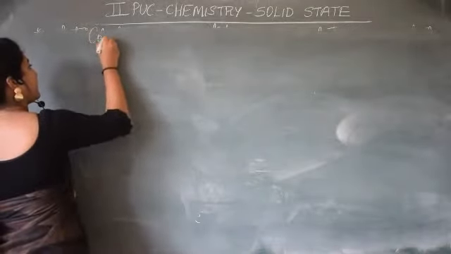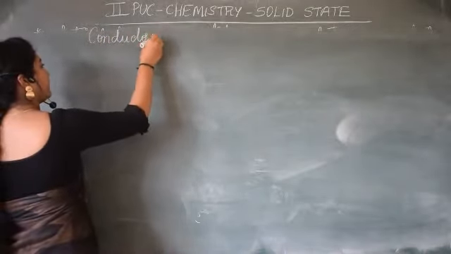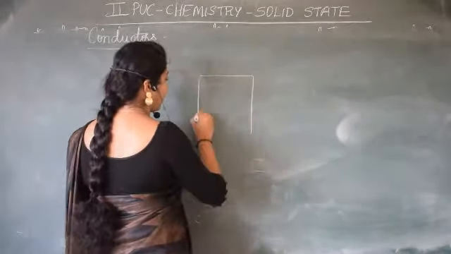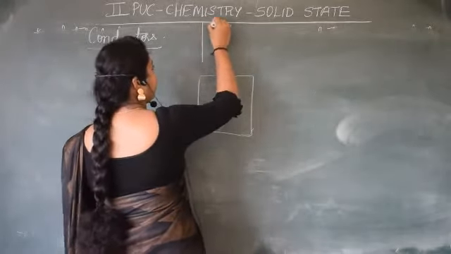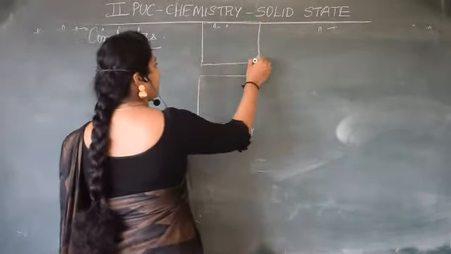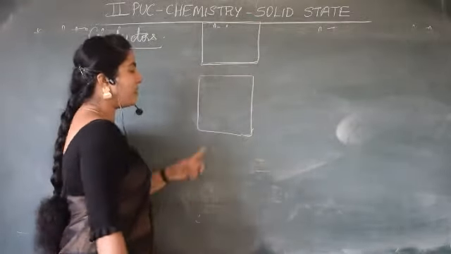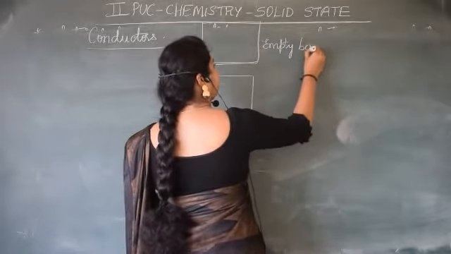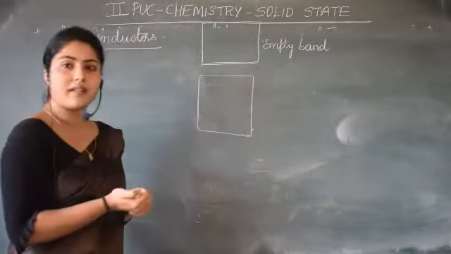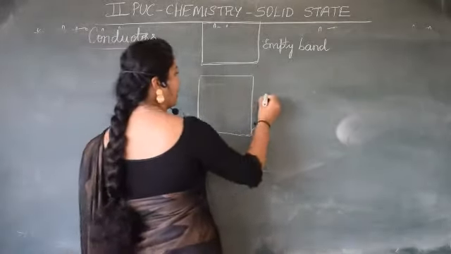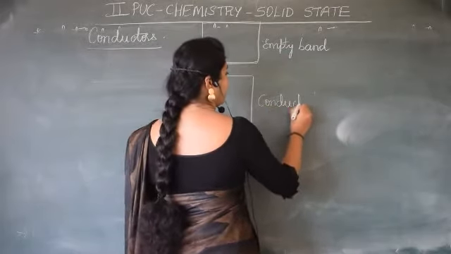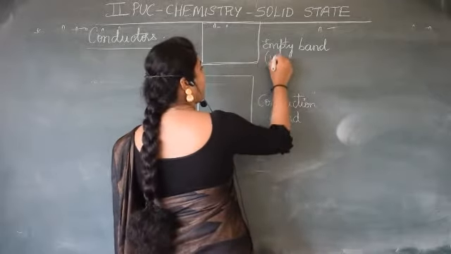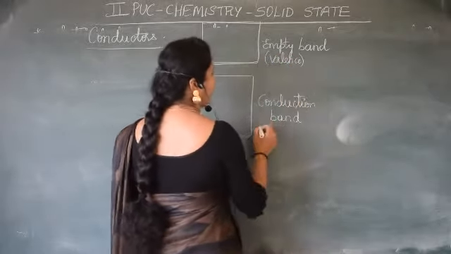In the case of conductors, you will have bands. Say, for example, this is a band which is called the empty band or valence band, and this is the conduction band, or you can also call this the filled band.